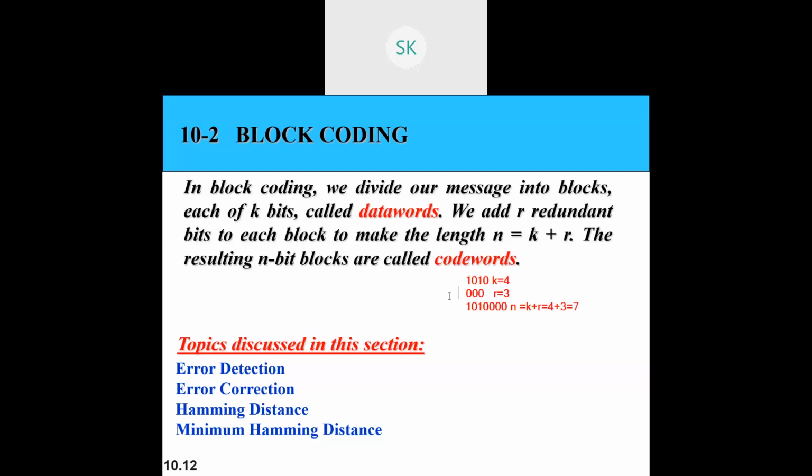Now, what do you call this? You are combining your data as well as your redundant bits. If you combine them, it becomes one thing. So this one is called a code word.